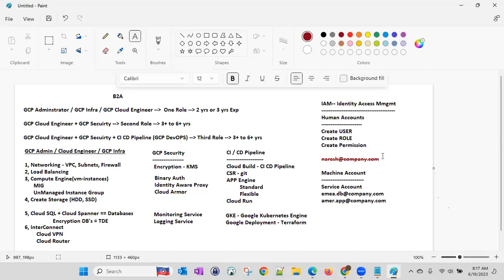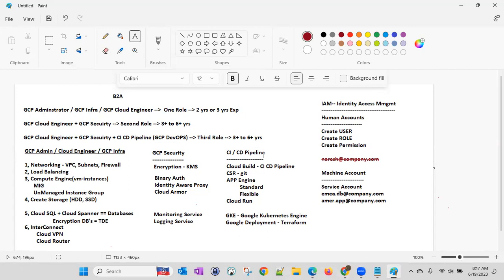This is one more important topic. In our course, we are covering all those things, from cloud administrator to architect level. Architect means advanced: infrastructure you are developing, security you are developing, and pipelines, and certifications.